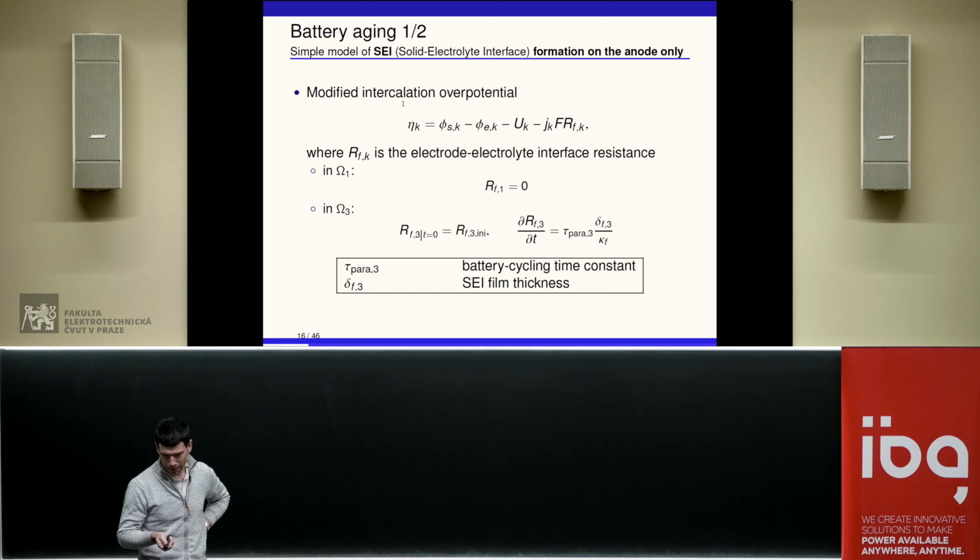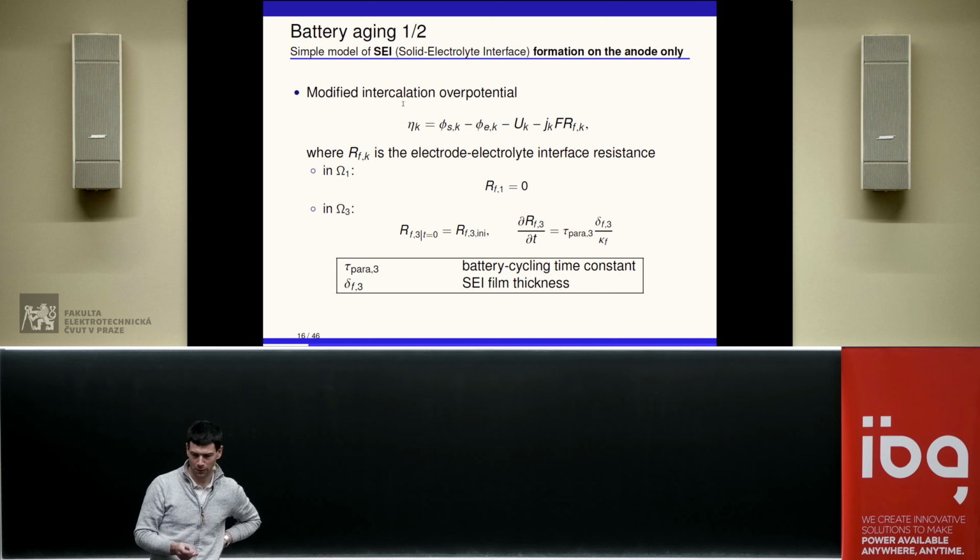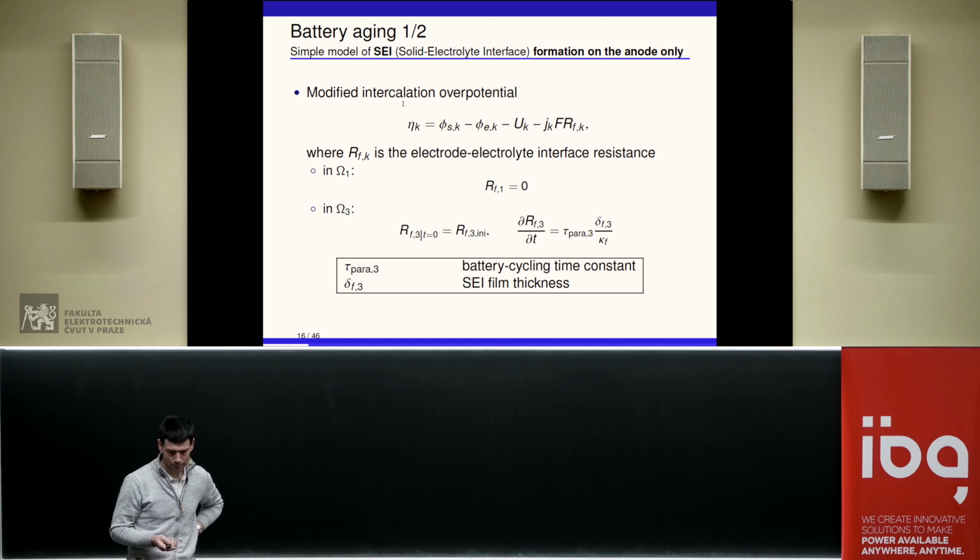Because of the parasitic reactions, there is an interface formed at the surface of the particles that hinders the transfer of the lithium ions into or out of the particles, which has the effect of increasing the internal resistance of the battery, and of course also causes loss of active lithium ions, which results in the decrease of capacity.